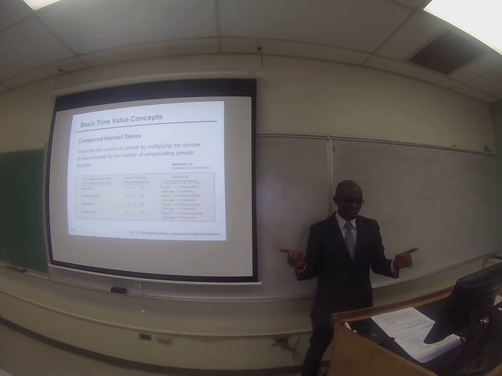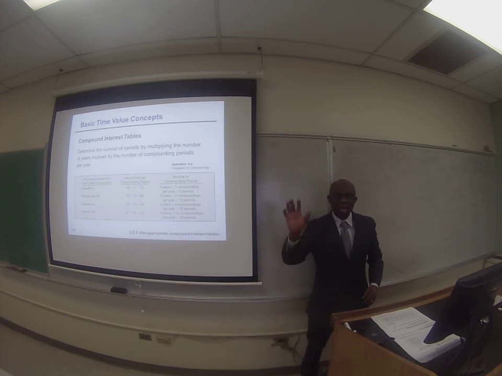If we have a situation whereby, see here an example, we have a 12% annual interest rate over 5 years compounded. So take a look at the second line. If we are compounding interest semi-annually, how many periods do we have? The problem is 5 years and we are compounding interest semi-annually.